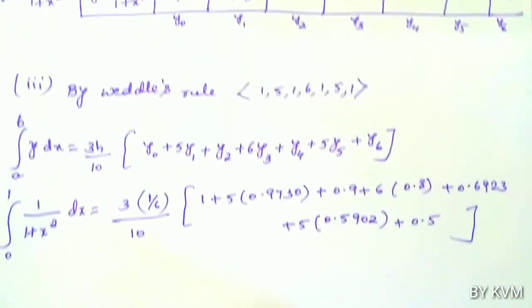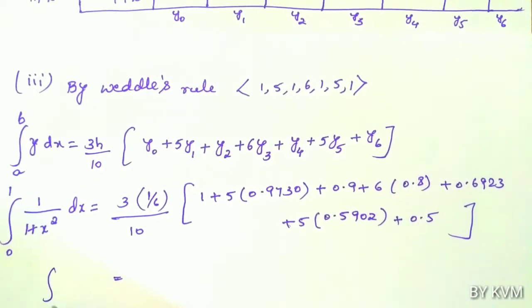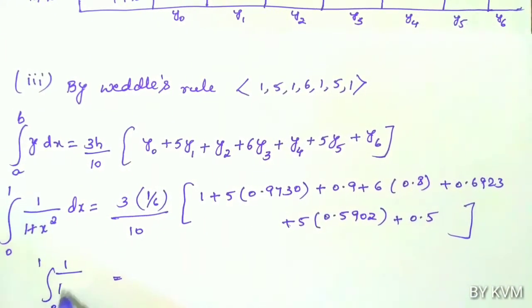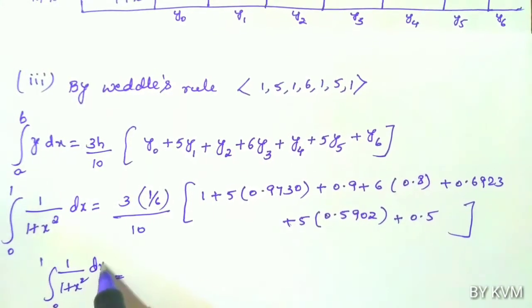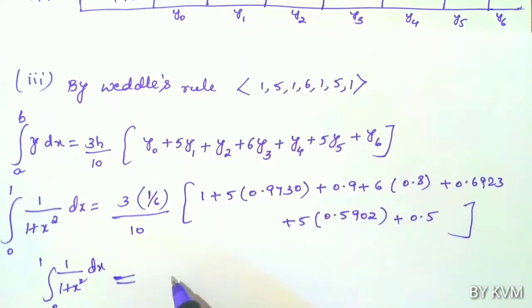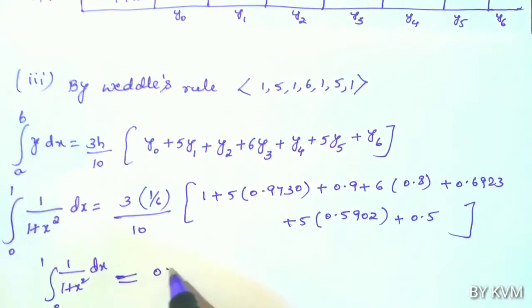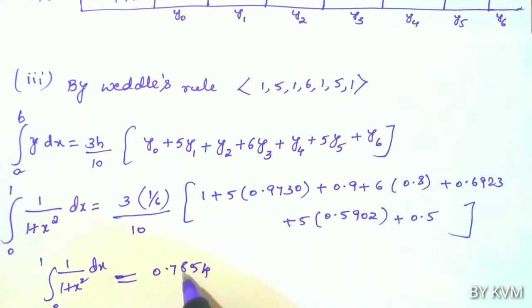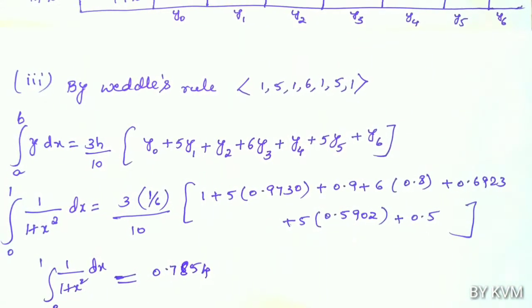So use the calci, we get integral from 0 to 1 of 1 by 1 plus x square dx equals 0.7854.